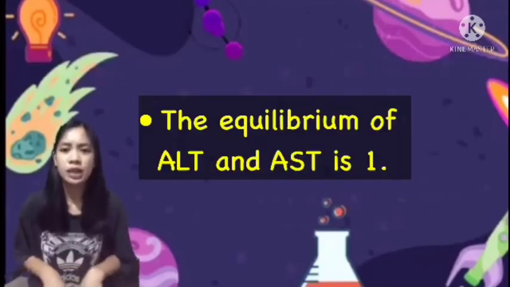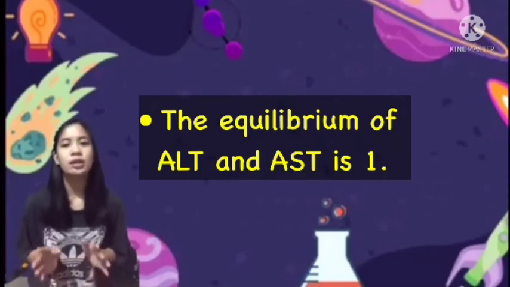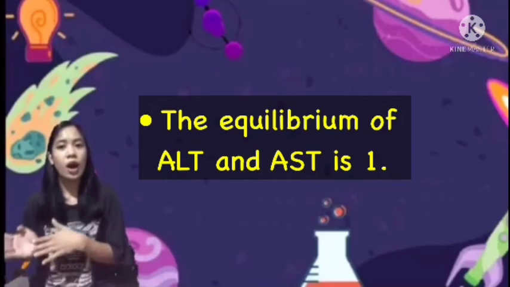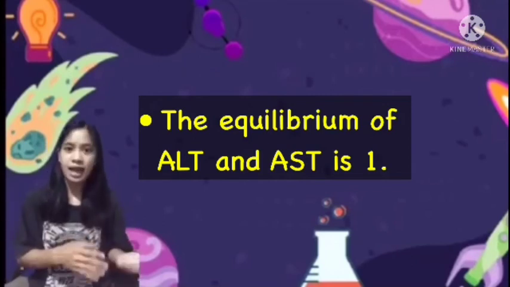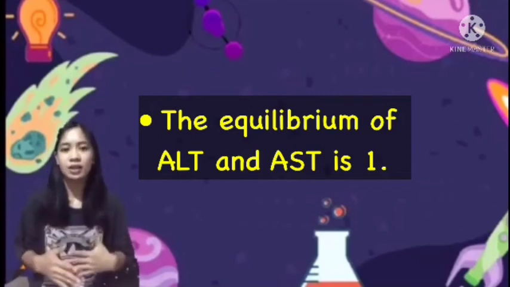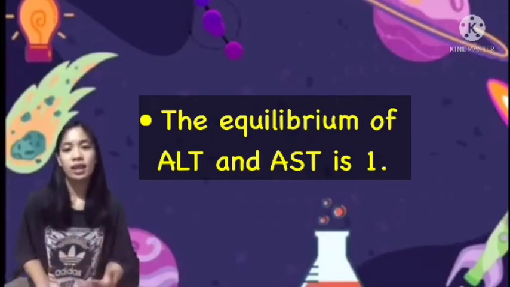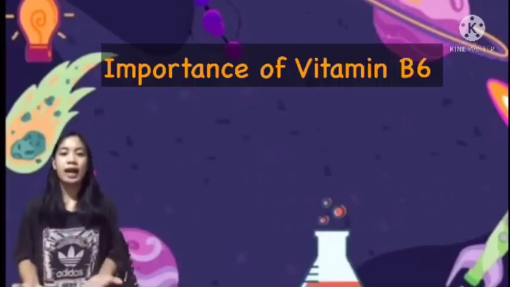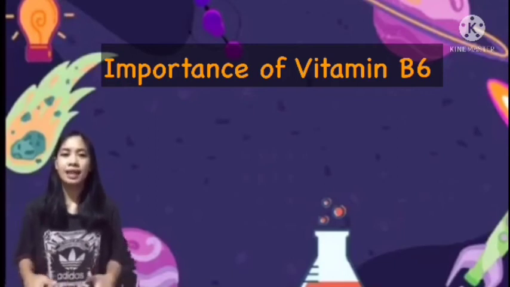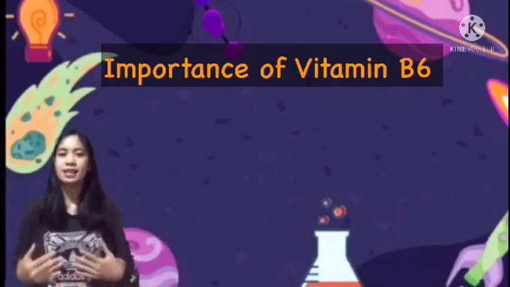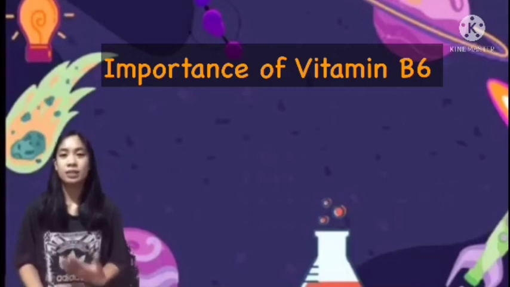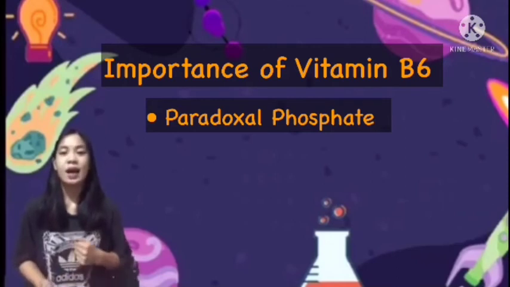The equilibrium of these reactions is 1. So we can go this way or we can go in reverse, and the direction that it follows depends on the conditions within our cell. Now we have to remember that these aminotransferase enzymes require vitamin B6 as a coenzyme, and this is also known as pyridoxal phosphate.